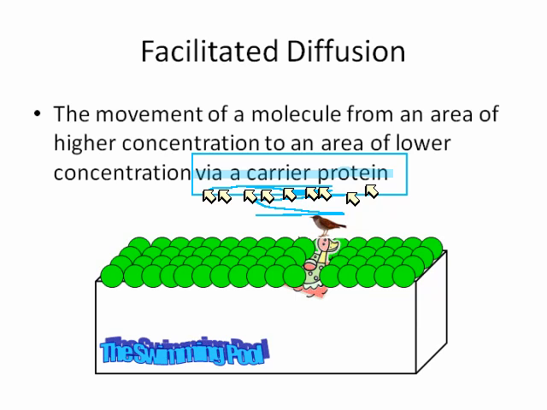Not just anything is going to be able to pass into the cell via a carrier protein. Because my little rubber ducky inner tube that's acting as my integral protein known as a carrier protein is a bird, ducks are birds, it is only going to move birds into the swimming pool.